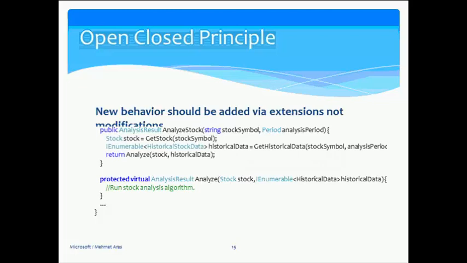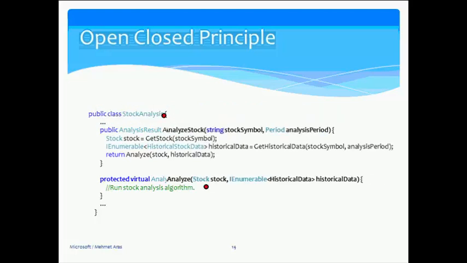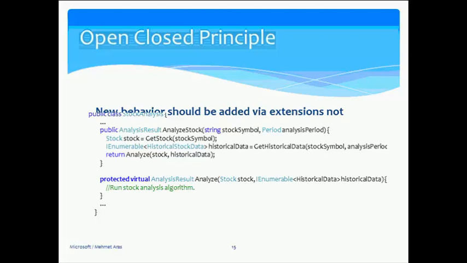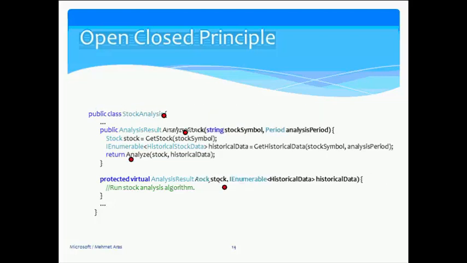Now, here's one way to do it. I can just come over here and simply make this Analyze method protected virtual. If you are familiar with object-oriented programming, if I make it virtual, I'm allowing the classes that derive from this StockAnalysis class to override this method. Derived classes can give their own implementation of the analysis, and when I call the AnalyzeStock method, it's going to call the derived class's implementation of Analyze.